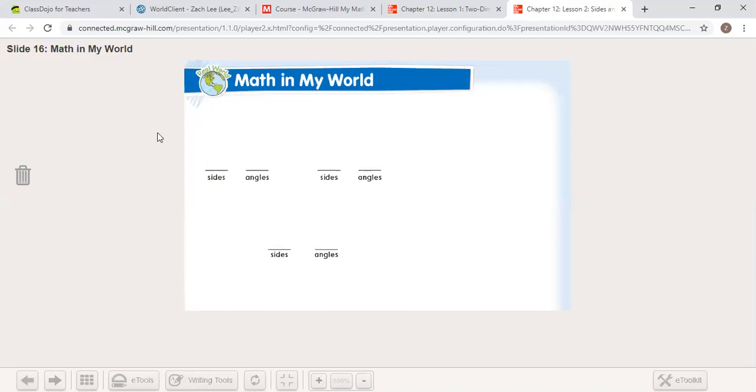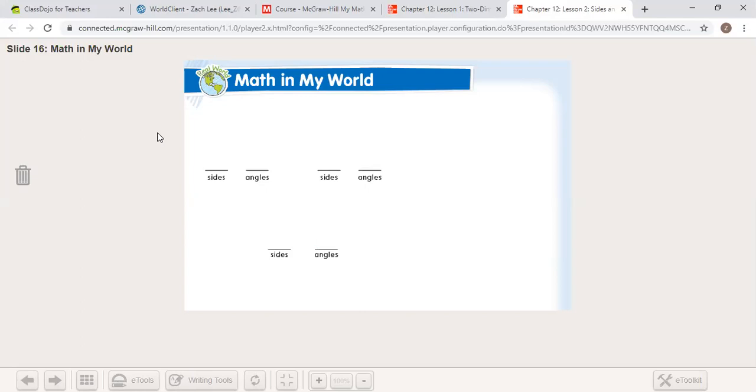All right, Math in My World. I'm just going to read over the directions here, and we're going to talk about it briefly. You don't have to draw anything. So I have square, triangle, parallelogram, trapezoid, and hexagons. How many sides would a hexagon have, and how many angles?